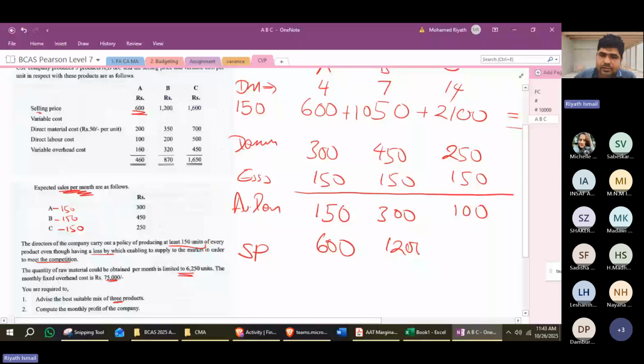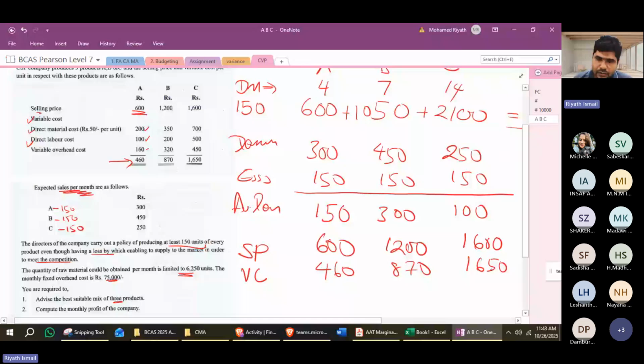And the variable cost: 200, 300, 460, yes, here it's variable cost, 460, 870, and 1650. Then see the contribution.